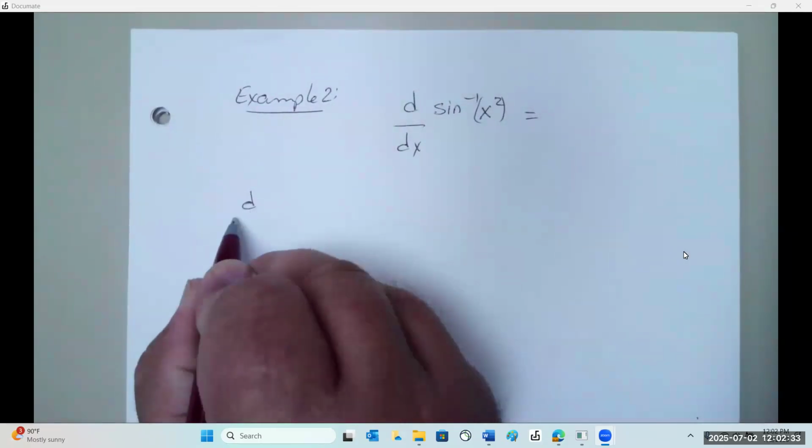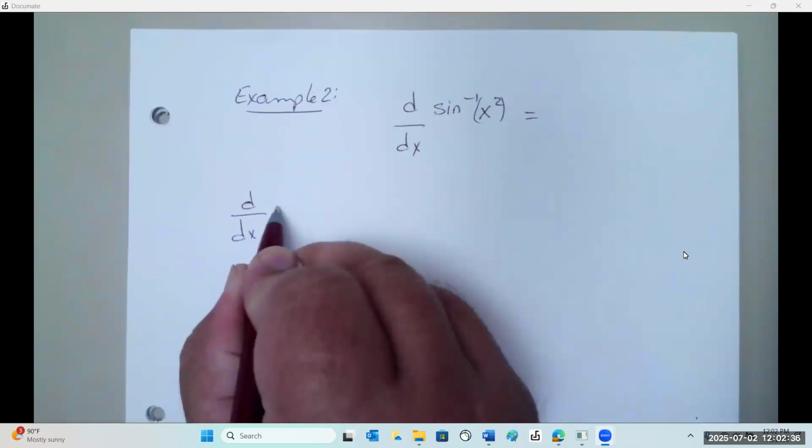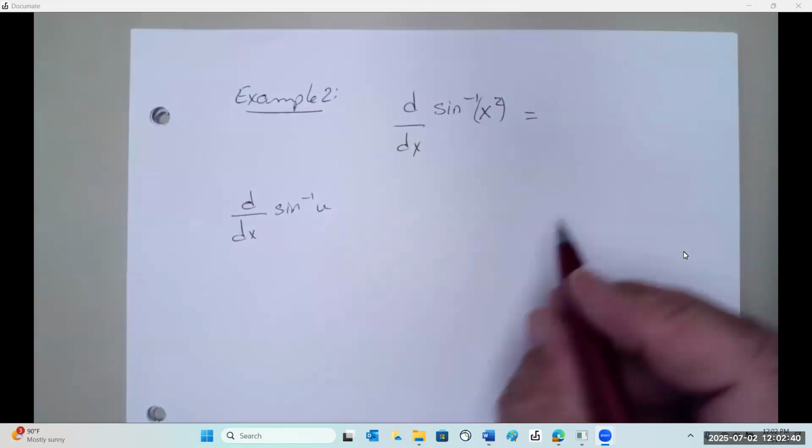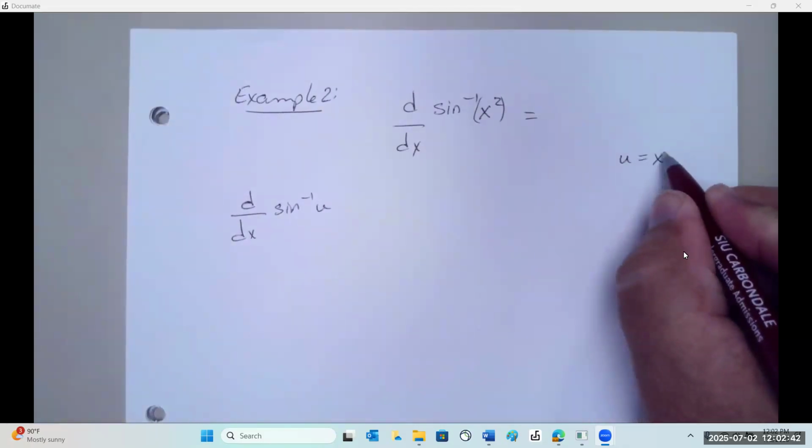So we have what our formula tells us. We have the inverse sine of u. In our case, u is equal to x squared.